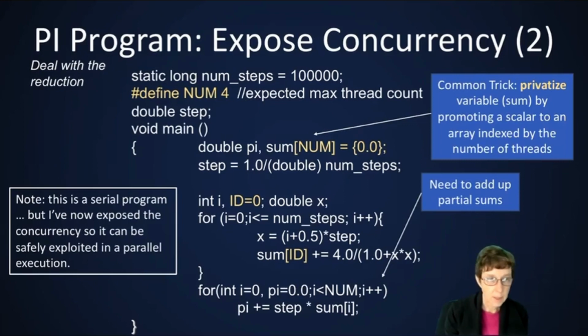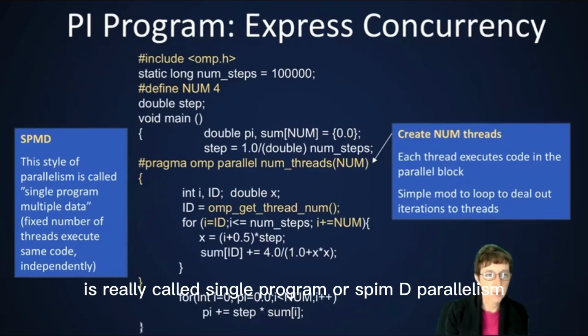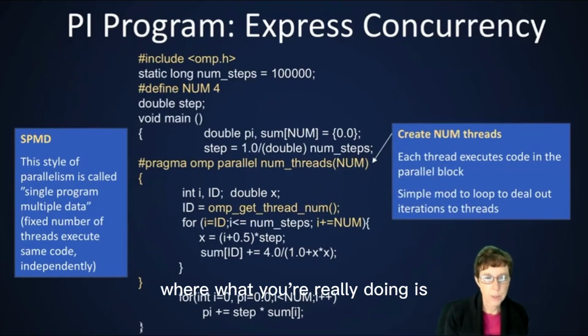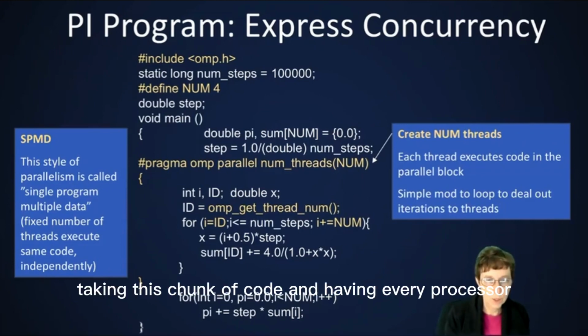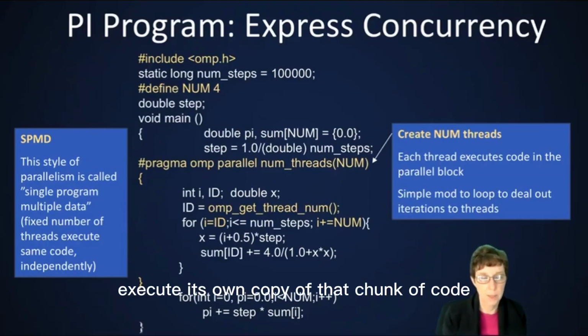And let's see. So I've now parallelized this, and this style of parallelism is really called single program multiple data, or SPMD parallelism. We'll see this a lot throughout the semester, where what you're really doing is taking this chunk of code and having every processor, every thread that is, execute its own copy of that chunk of code.